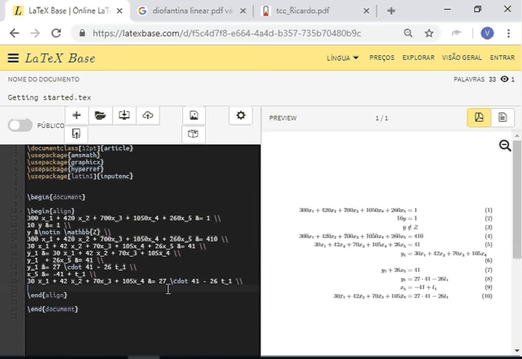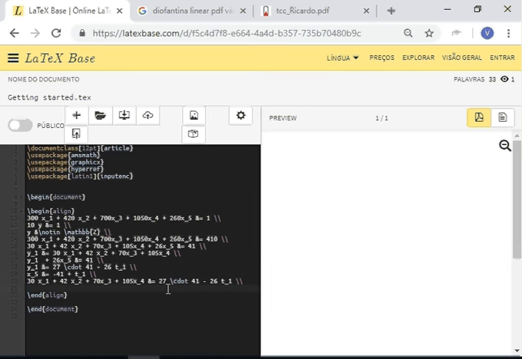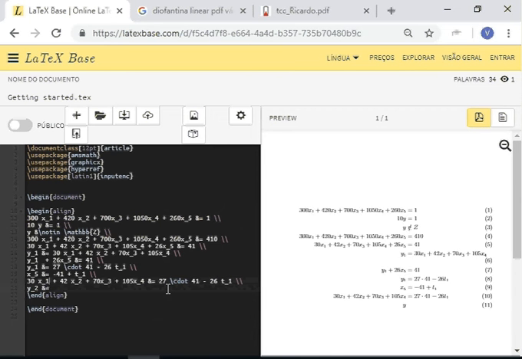What we're gonna do now? We're gonna declare another variable, y2, by this part of the equation.